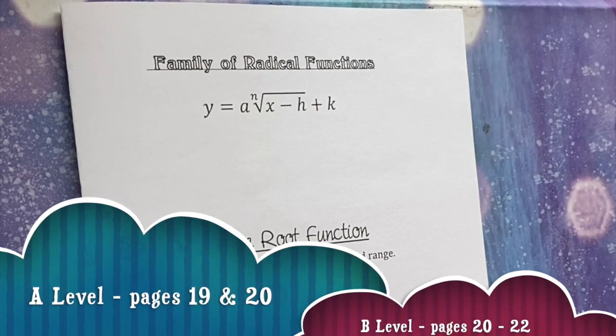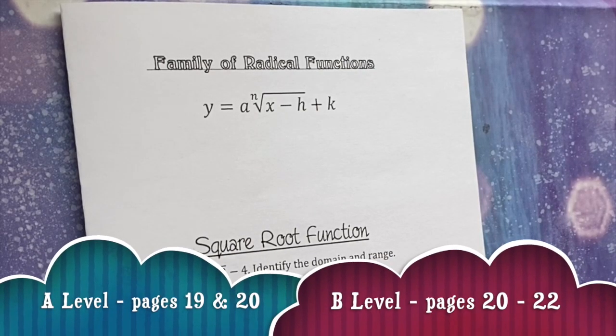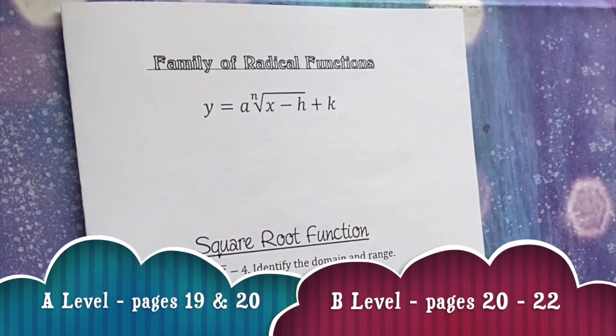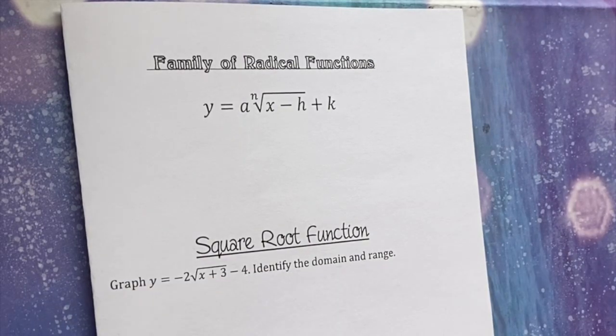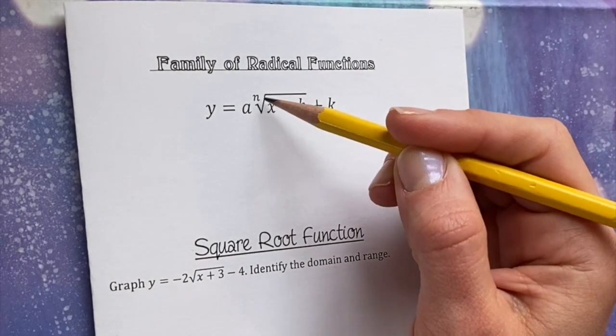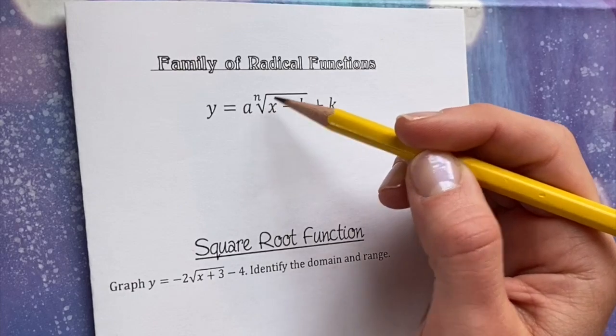So I would like you to reference the page on transformations of functions in your notebook. I'll put that page on the screen right now. And you're going to notice that it's very similar to what we have on your note sheet. And it's actually very similar to vertex form of quadratics. The main difference here is that instead of parentheses, we have the radical symbol.